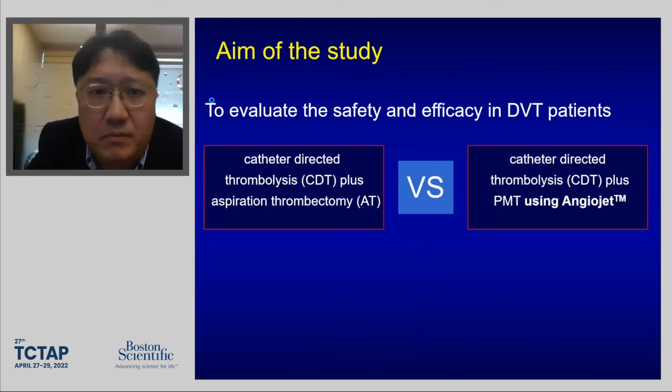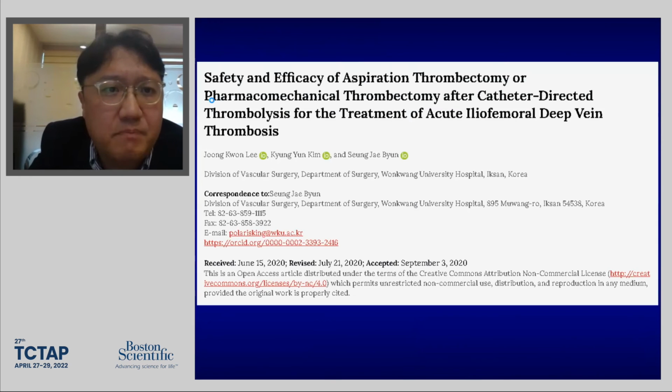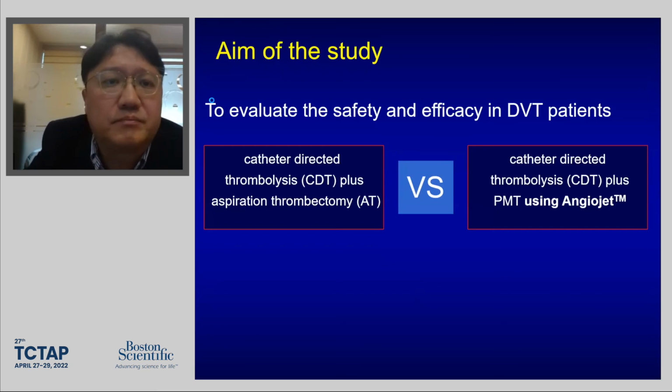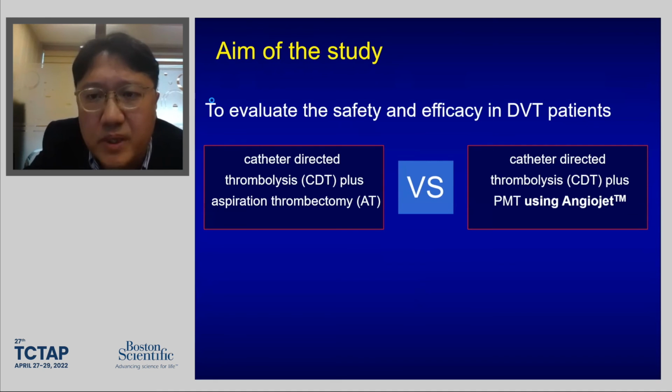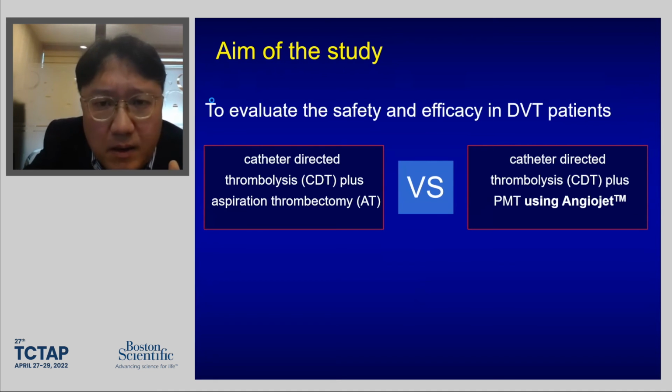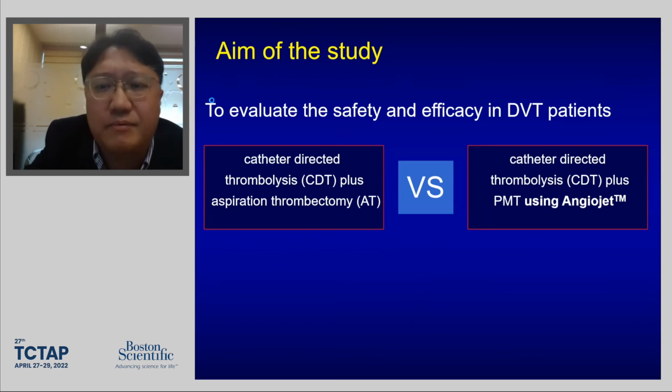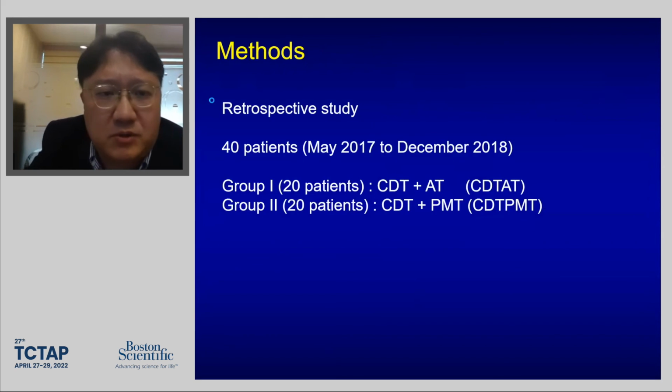I recently published my paper on the safety and efficacy of aspiration thrombectomy and pharmacomechanical thrombectomy after CDT. At the time, urokinase was available. We evaluated the safety and efficacy in different patients of additional aspiration thrombectomy or AngioJet PMT after CDT treatment.